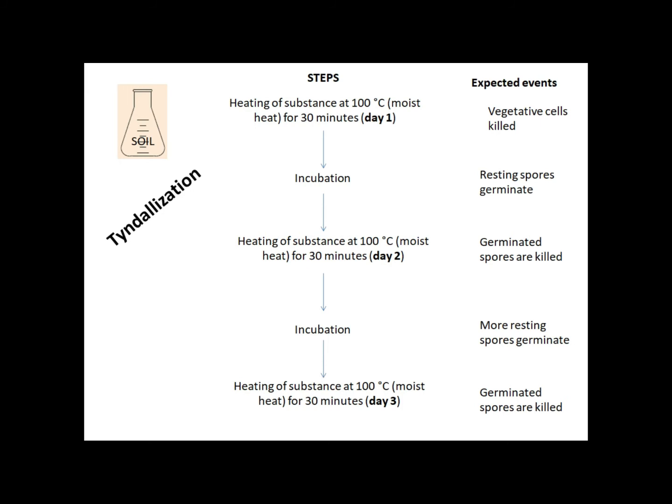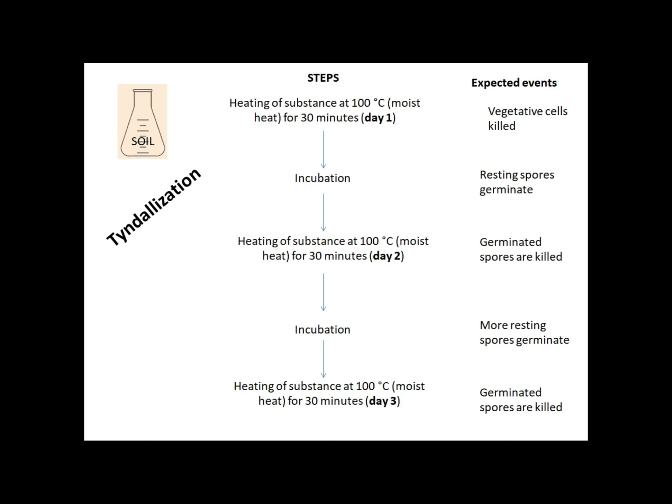So why do we need heating 3 times? Look at the expected events at the right side. When we heat the soil sample at 100 degrees Celsius for 30 minutes, it kills the vegetative cells of the microbes present in the soil sample.